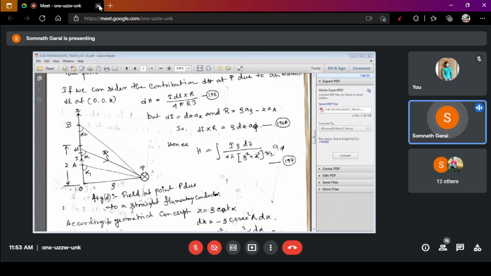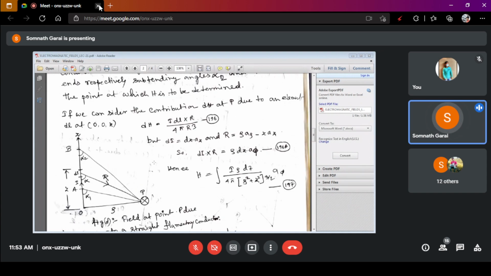From this dl, at a distance capital R, there is a point P. Now, there is a finite length conductor AB. A is the starting point of the current and B is the ending point of the current in the conductor.